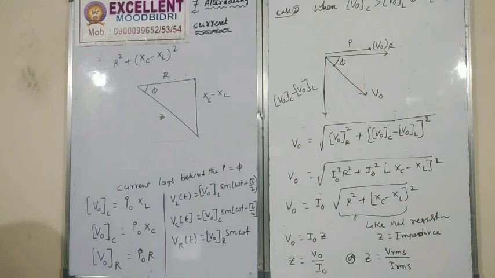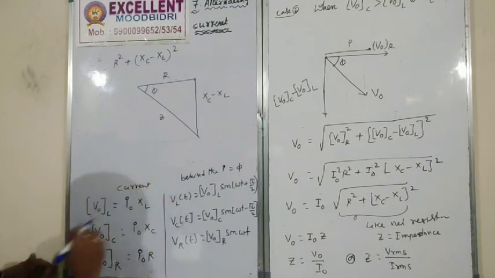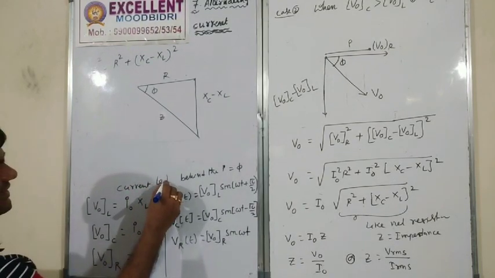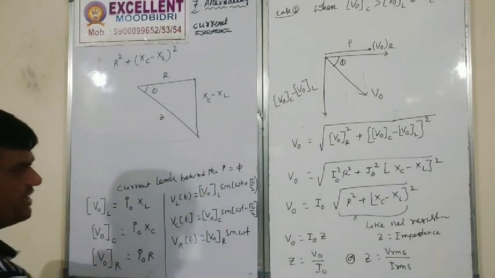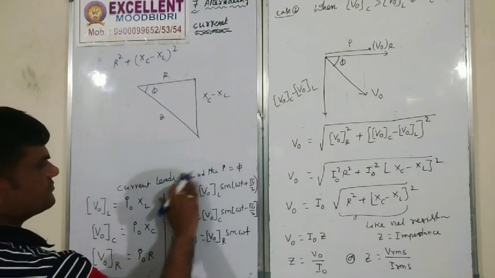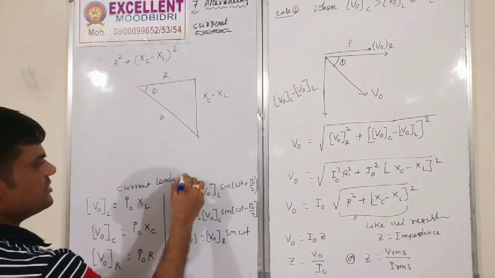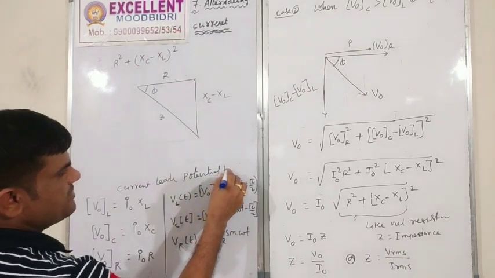So current is what? Current leads, right? Current leads potential by phi.